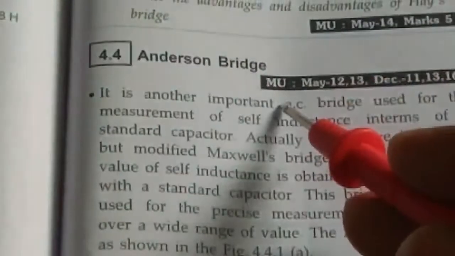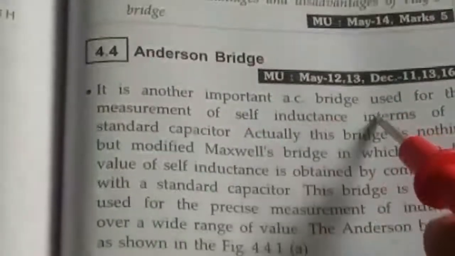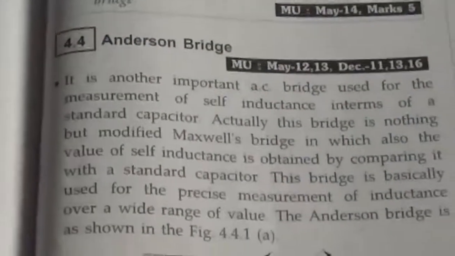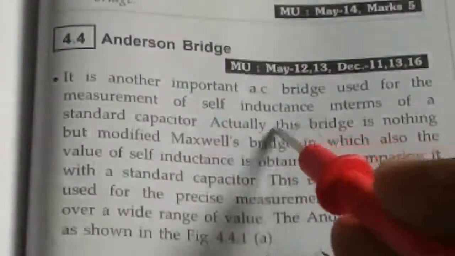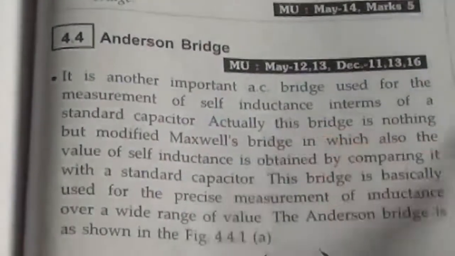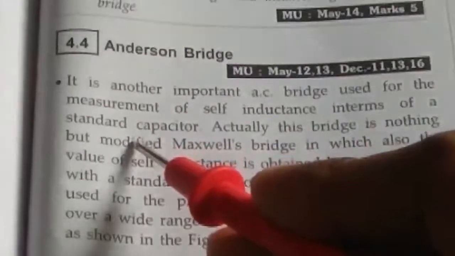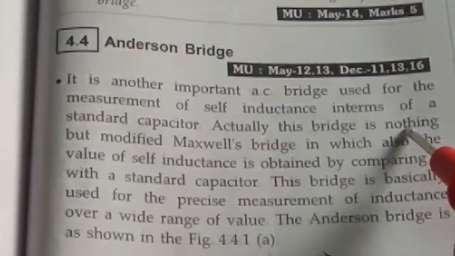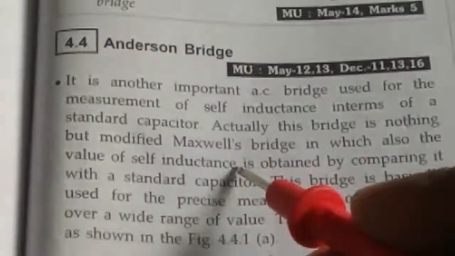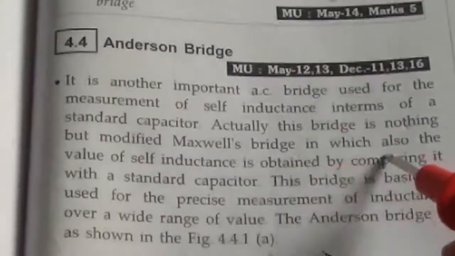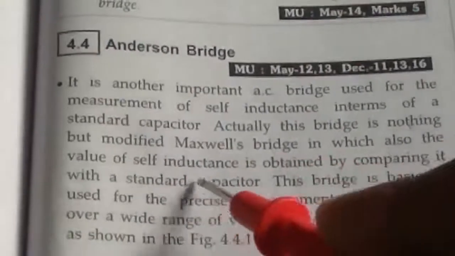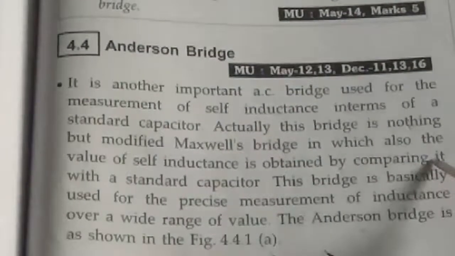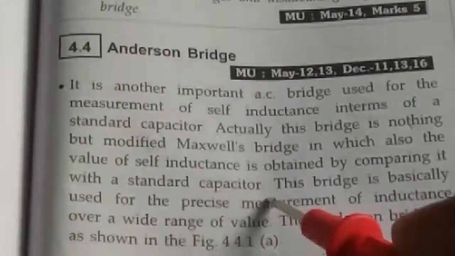Anderson Bridge is another important AC bridge used for the measurement of self-inductance in terms of a standard capacitor. Actually, this bridge is nothing but a modified Maxwell bridge, in which also the value of self-inductance is obtained by comparing it with a standard capacitor.